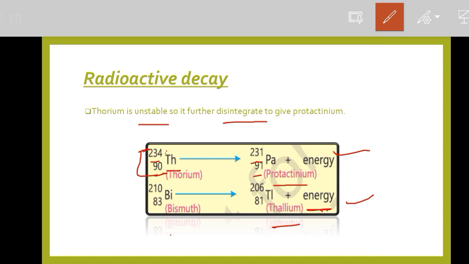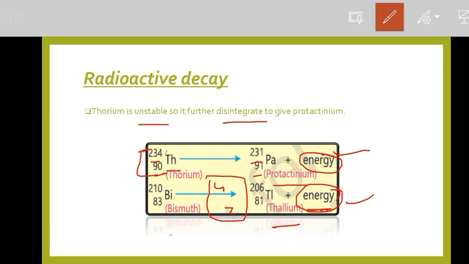So there is a clear difference in the atomic mass and atomic number. The remaining protons and neutrons change into radiation. In the same way, here it is 210 and 206. There is a difference of 4, while in bismuth 83 to 81 there is a difference of 2. So this amount of energy is released in the form of radiation.